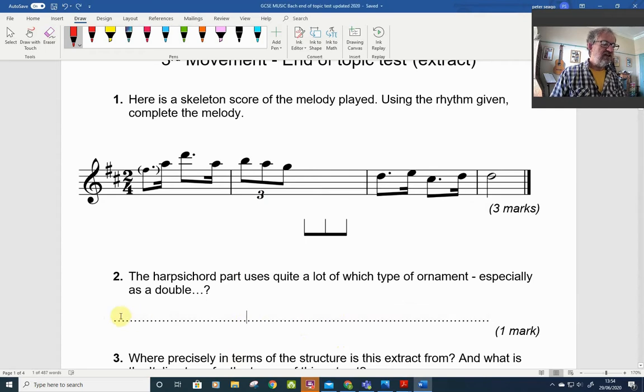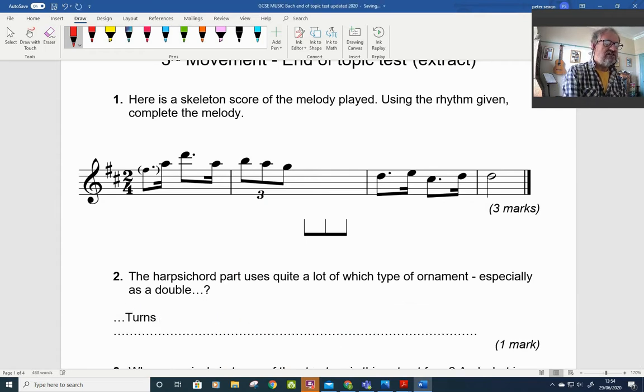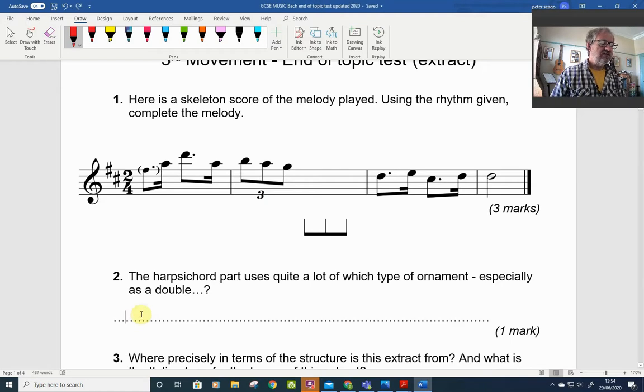If I tried to type in turns without highlighting the dots, then the dots are going to move, and if you get really long answers, it's going to start turning into many pages. So if you want to type up answers, highlight the dots and type your answers directly in. So that's one way of doing it.